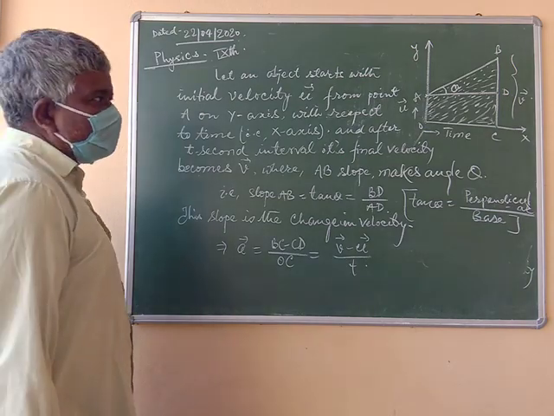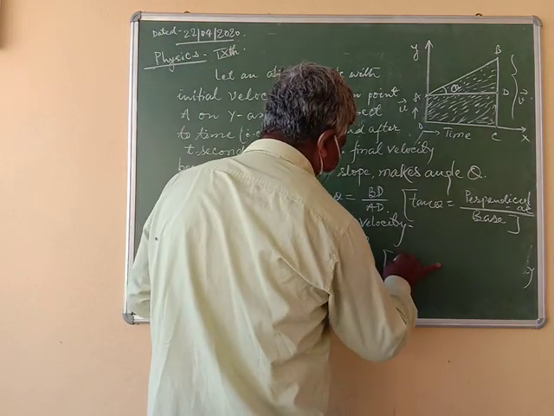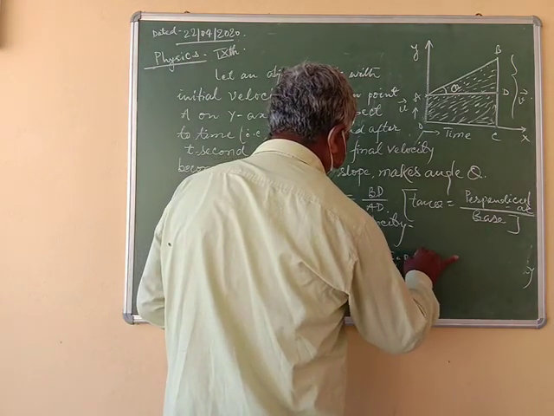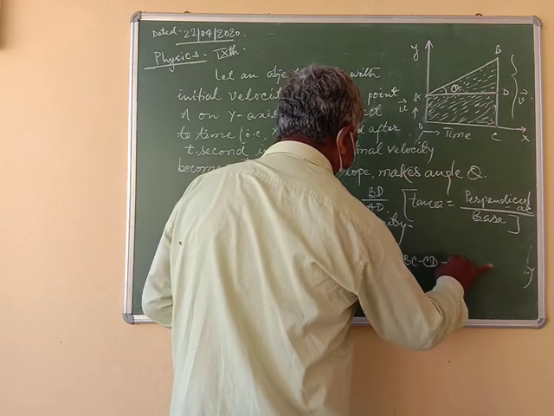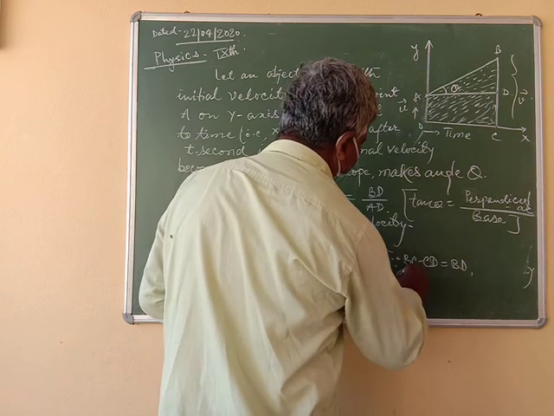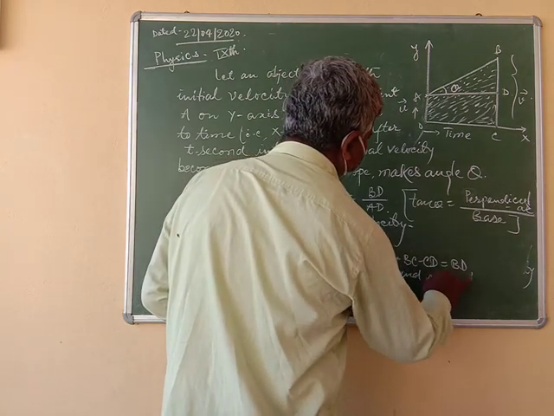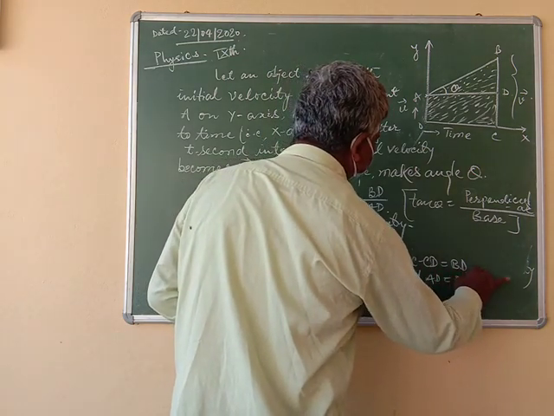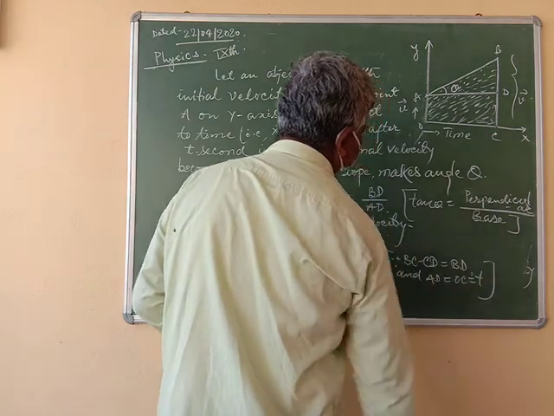BC minus CD is equal to BD, and AD is equal to OC, equal to t.